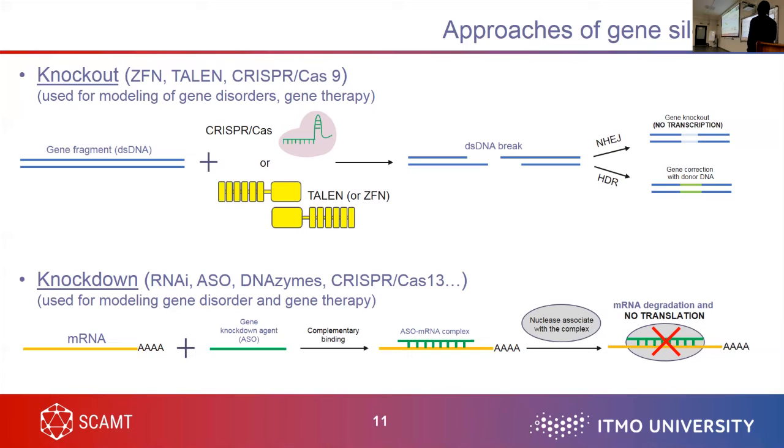Okay, and there is knockdown. Knockdown examples are RNAi or RNA interference, ASO (antisense oligonucleotides), DNAzymes, and CRISPR-Cas13.